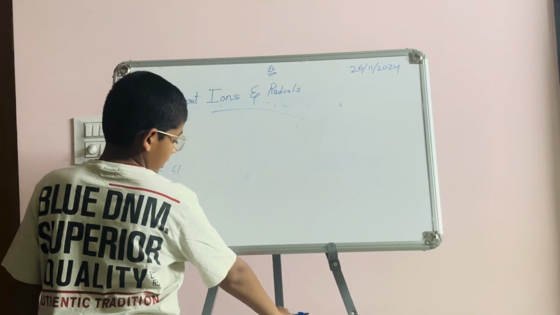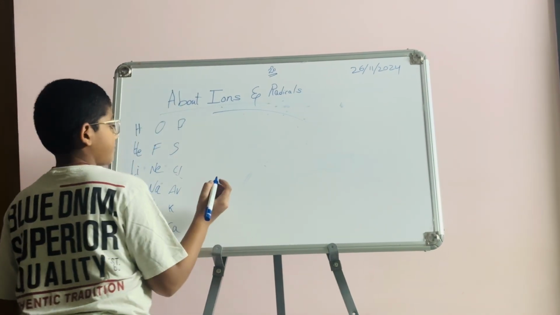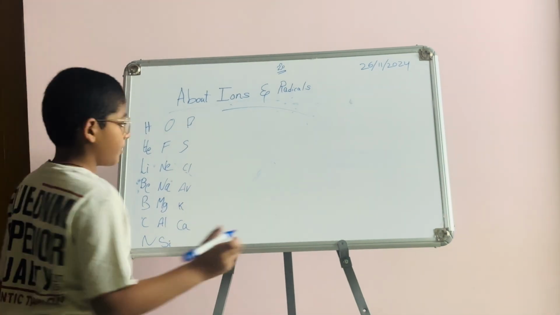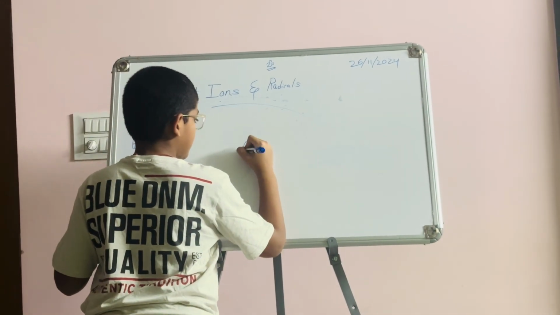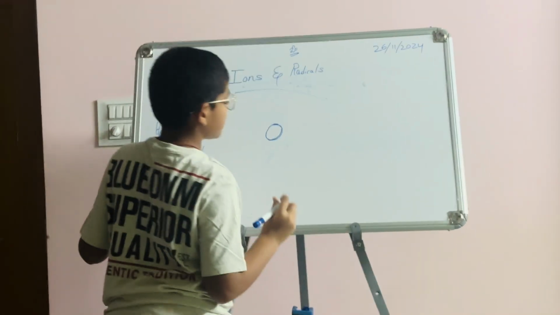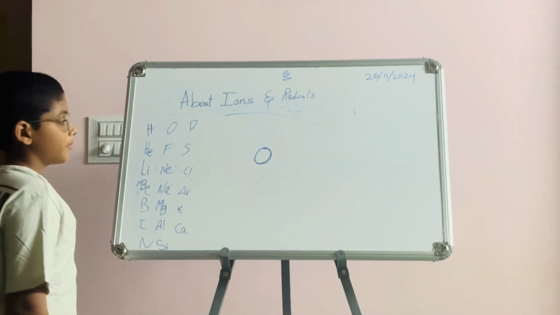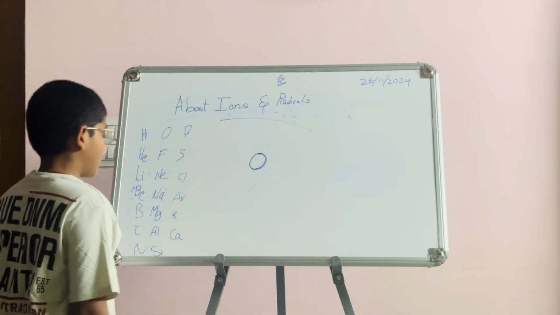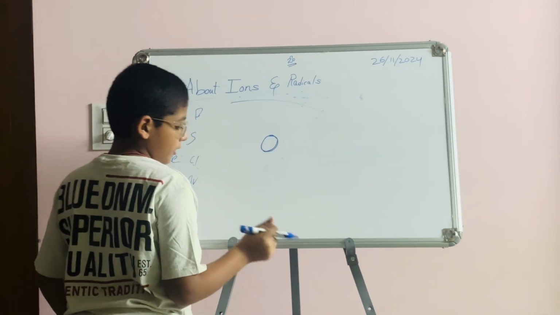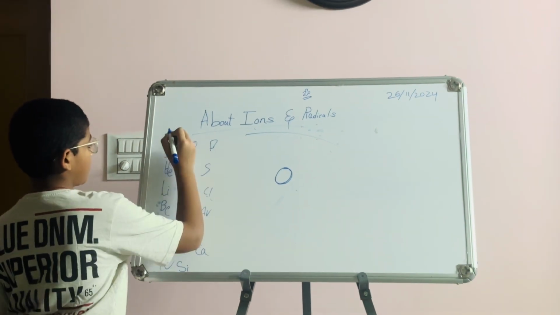Now here I'm going to draw one. First of all, in this we have the atoms, right? Every single atom. We know hydrogen. What is the atomic number of hydrogen?